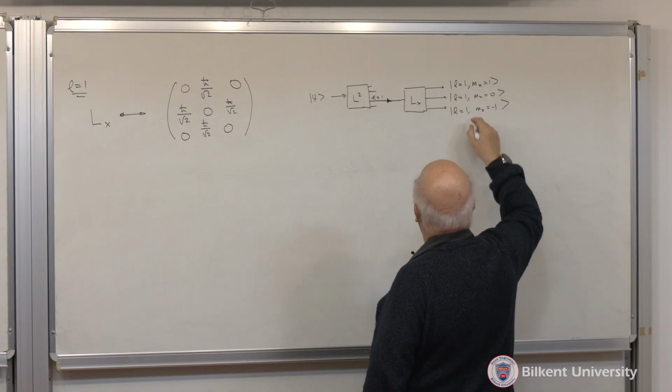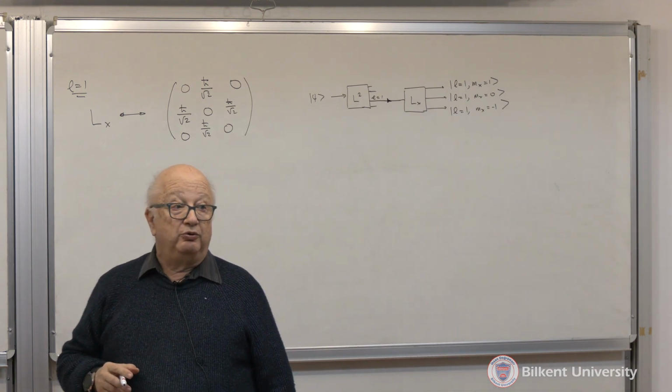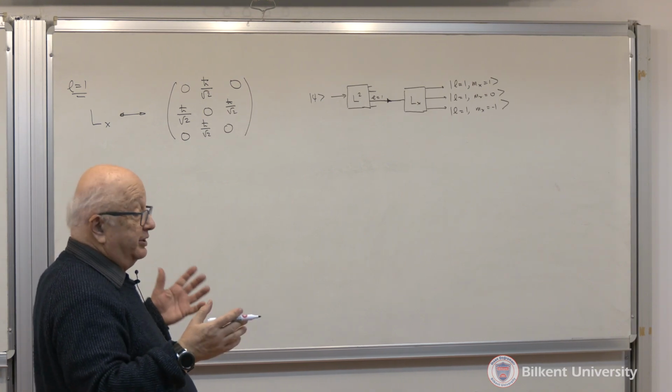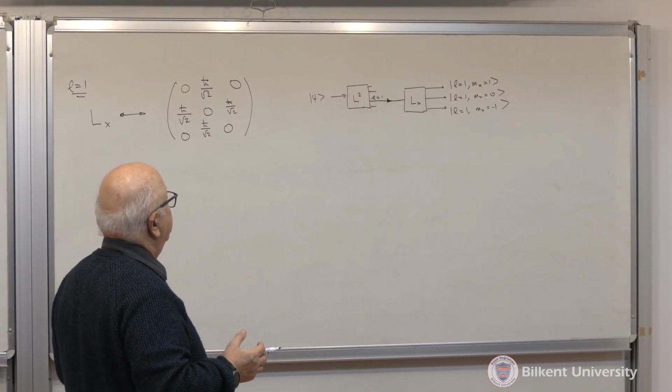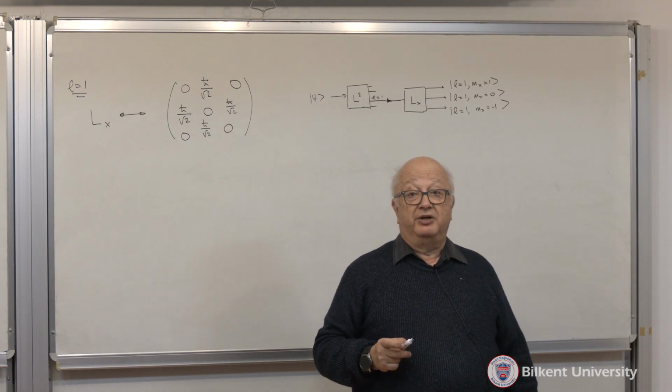We already derived these things for mz equal to 1, 0, minus 1, but it doesn't matter which direction you choose; you cannot get something for the z direction and something else for the x direction.